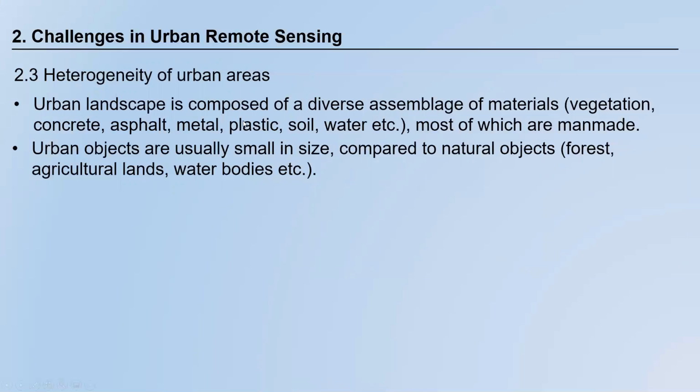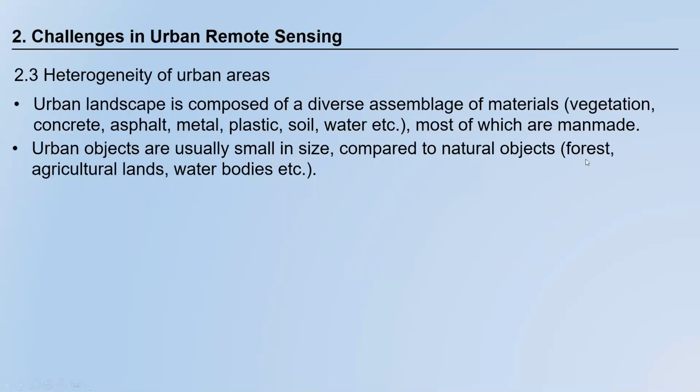So urban landscape is composed of a diverse assemblage of materials: vegetation, concrete, asphalt, metal, plastic, soil, water, etc., most of which are man-made. And urban objects are usually small in size when we compare to wildlands, to agricultural lands, right?